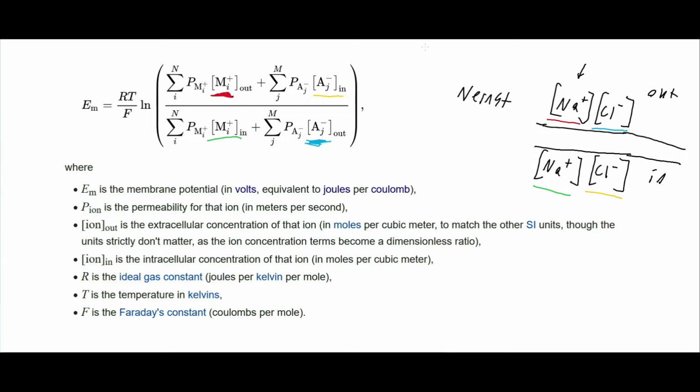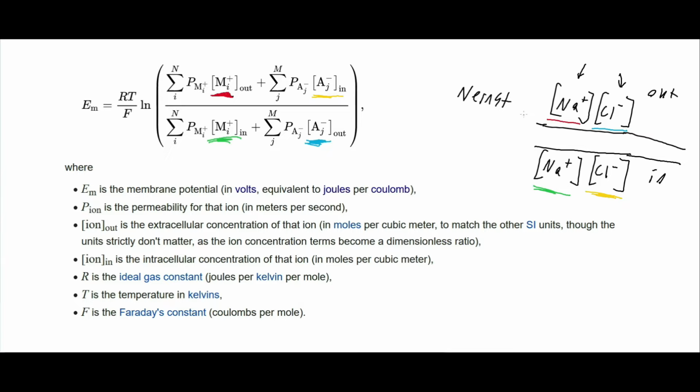And that makes sense because those two things are going to have a different effect on this potential across the membrane. And same for the positive ions on the inside here, and then the negative ions on the inside here are going to have a different effect on that potential, because a potential is essentially just a difference in charge.